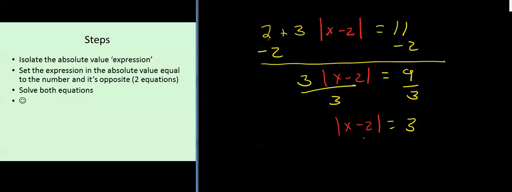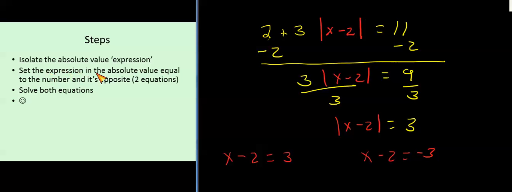That means that the distance from x to the number 2 is equal to 3. If it's to the right on the number line, x minus 2 would be 3. If it's to the left, x minus 2 would equal -3.